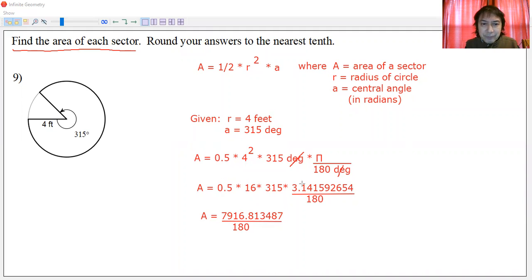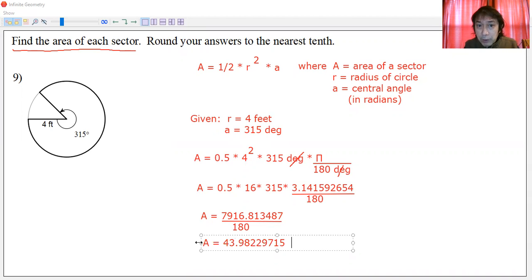So after we divide this by 180, we have the answer. This is now equivalent to 43.98229715.